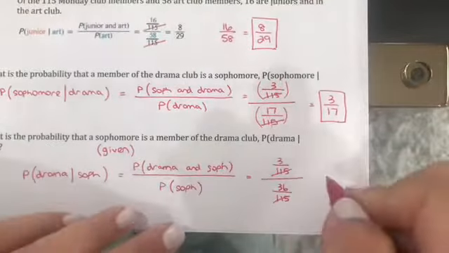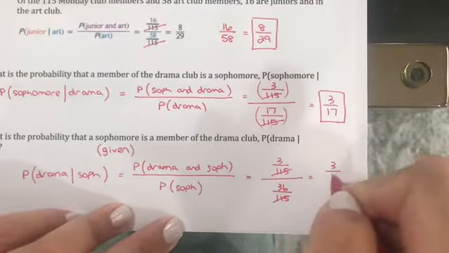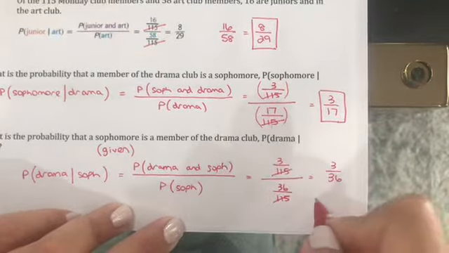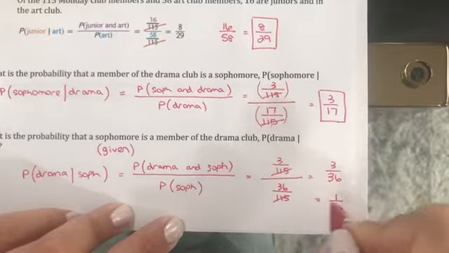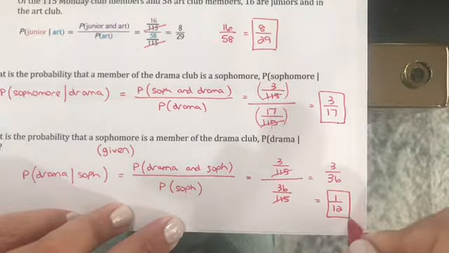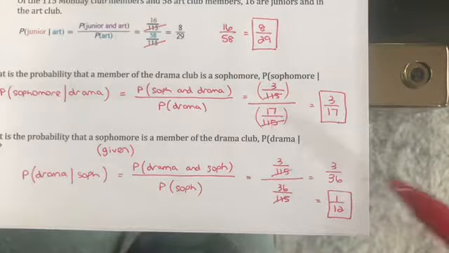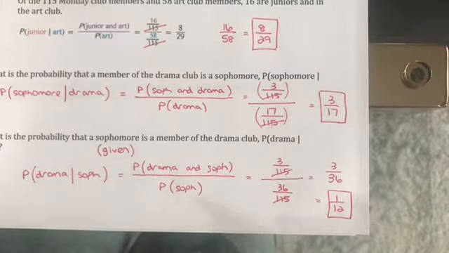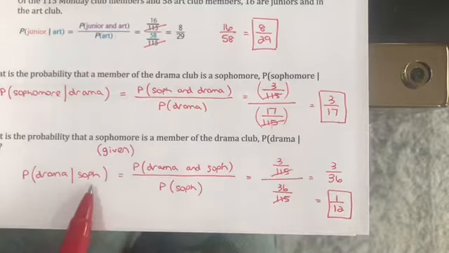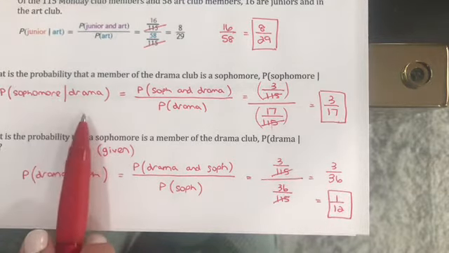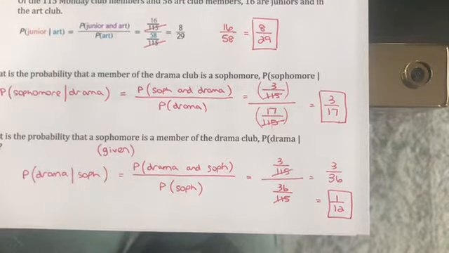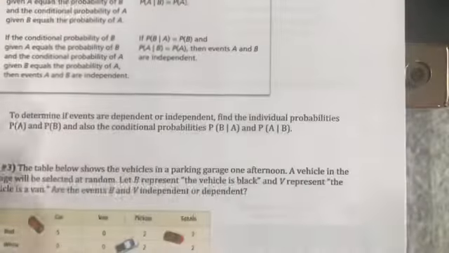So we end up with 3 over 36, which reduces to 1 over 12. So notice that we had a different probability if we flipped around our givens. If we were given that it was a sophomore in this case, rather than given that it was a drama student.